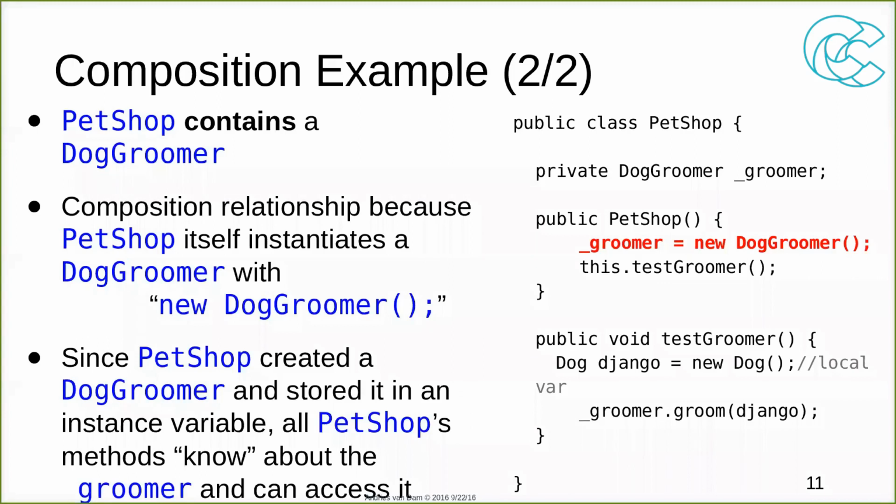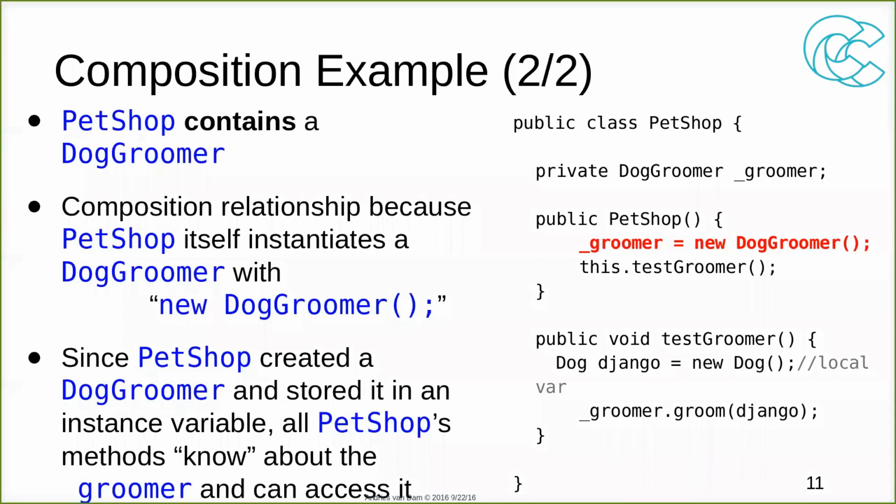Doubt. So if we consider three classes, let's say pet shop and the groomer class, and we consider another class which is composed of the groomer class.